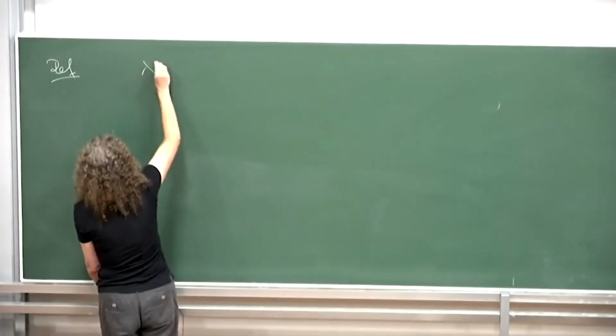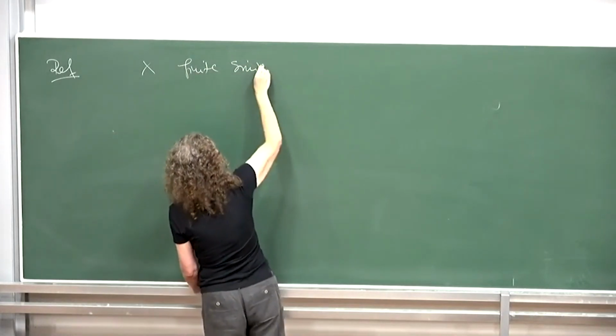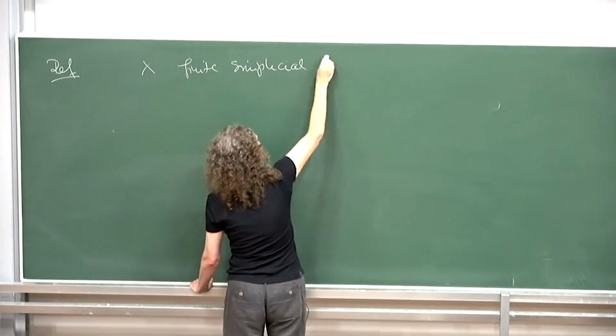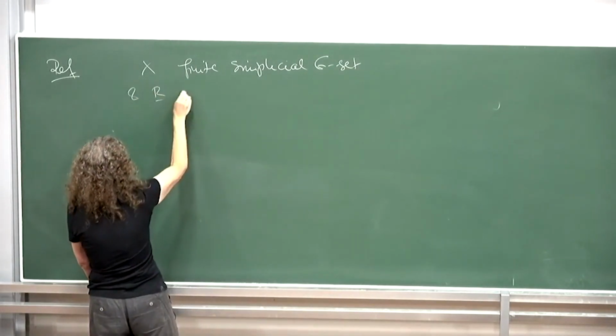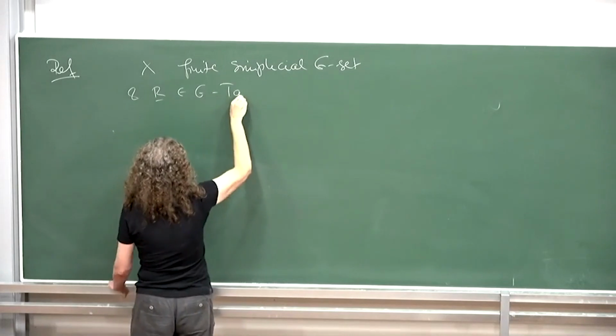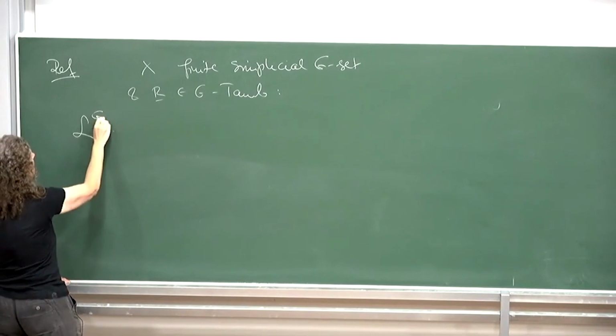So if X is a finite simplicial G-set, and R is a G-Tambara functor, then we define the Loday construction.